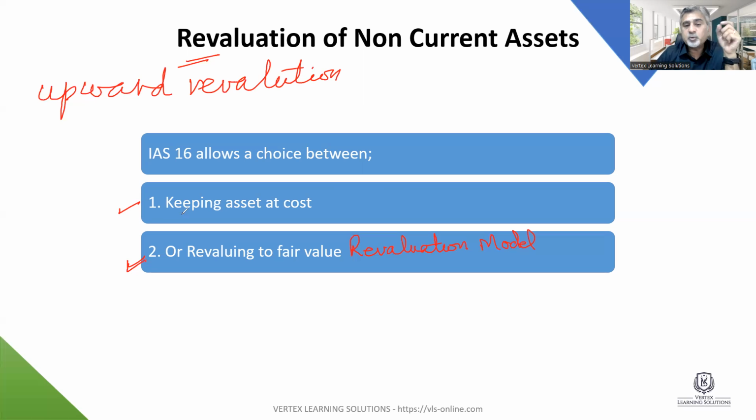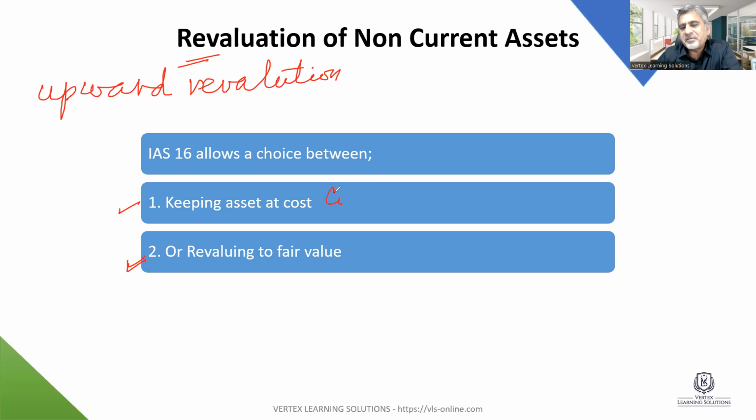And you can choose both of them. What do I mean by both of them? Because there are some assets which are small in value, and finding out their market value every year is not very material, not very significant.